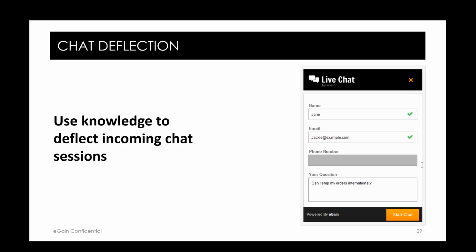If there's an automatic saving, it's an ROI number that we can very easily claim. So anybody who clicks on a knowledge article and says that they don't want to chat is an automatic saving. So it's an important feature. What we have now is we have it out of the box so that PS does not have to do anything to enable this capability.